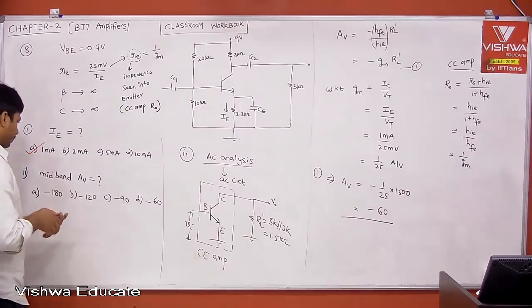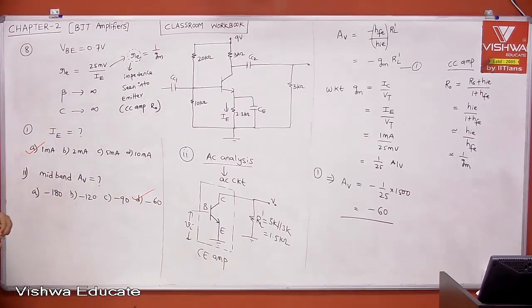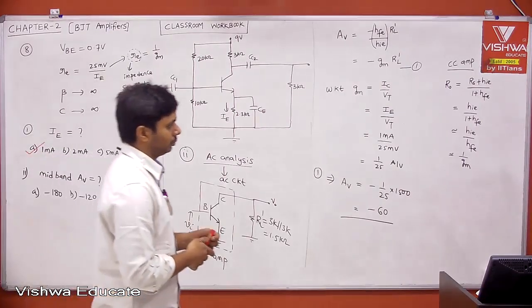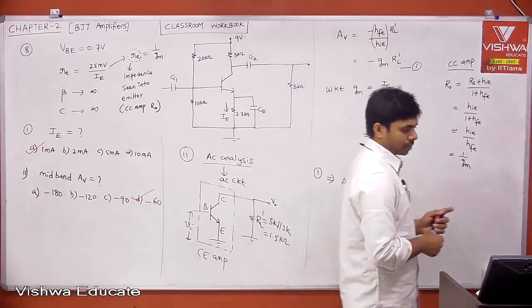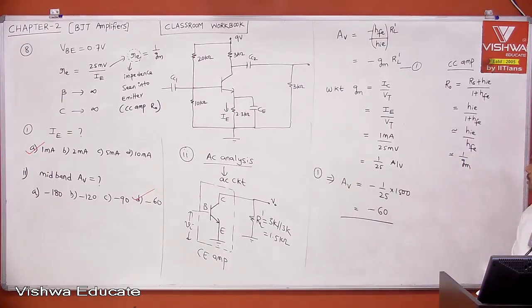Minus 60. Your Rs is 0. The source is not there here.